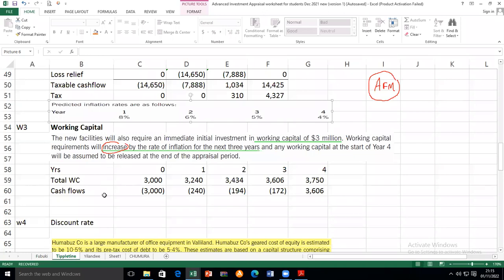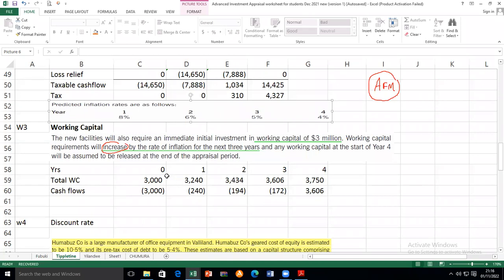So it was quite fair that the examiner gave you a lead, but otherwise, you are supposed to realize that when there's inflation going on, how do we expect the working capital to remain at the same level of 3 million throughout the project? No, it can't work because prices are going up, isn't it? So you would need to inject more and more. But this one, they told you that it will increase. That was quite a fair way of doing business.